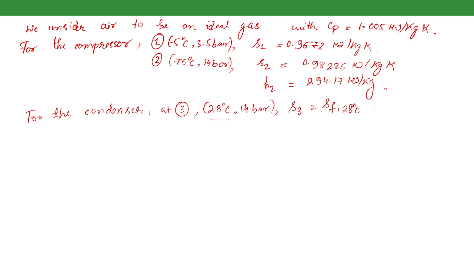So at 28 degrees Celsius, this is equal to 0.2936 kilojoule per kg Kelvin. Okay, now H3 is HF at 28 degrees Celsius. So this is equal to 79.05 kilojoule per kg.